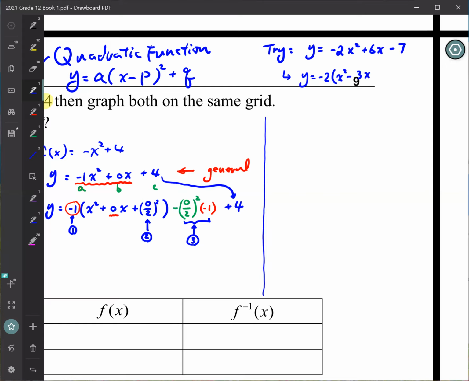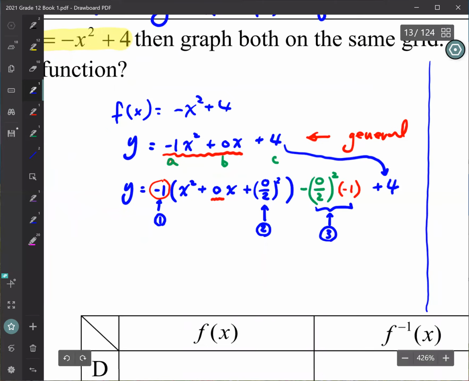Change to your general form. No, like over here, do you see 1, 2, 3? Right, step 1 is to take out the A, the first number. What do we do to get step 2? Put it back in.